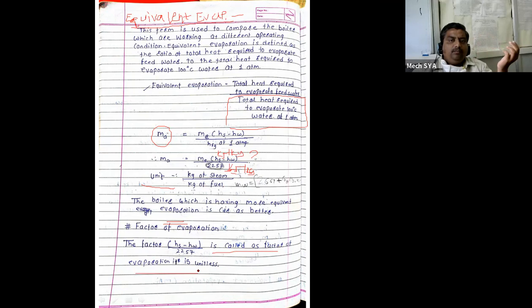Its unit is kilojoule per kg divided by kilojoule per kg, which will cancel. Therefore the factor of evaporation is unitless, having no unit. It is HS minus HW divided by 2257.